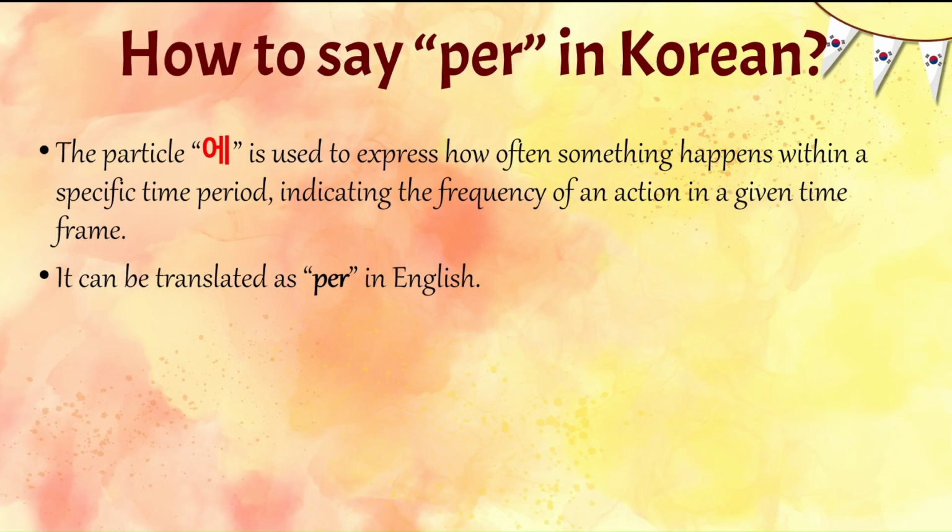If you remember, we have already discussed the usage of this particle 에 as a time particle and as a location particle. Here again, we are using this particle to express how often something is happening in a given time period. And therefore it can be translated as per in English.